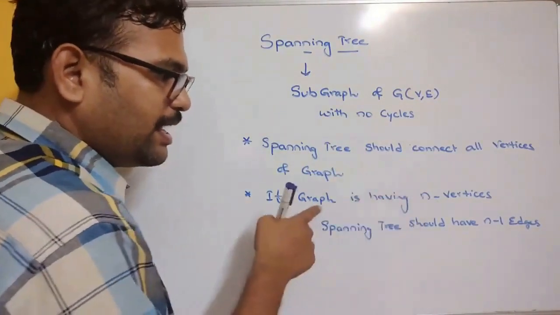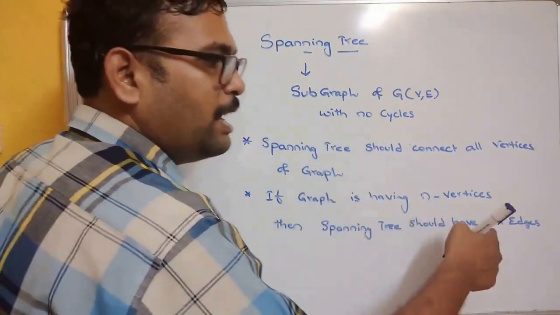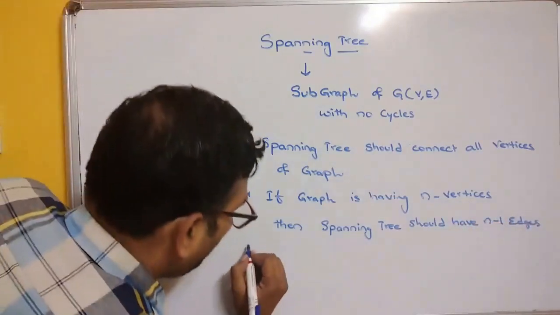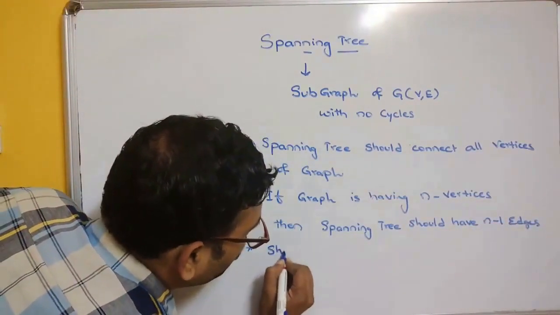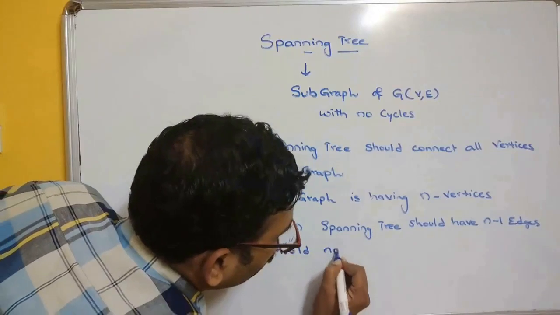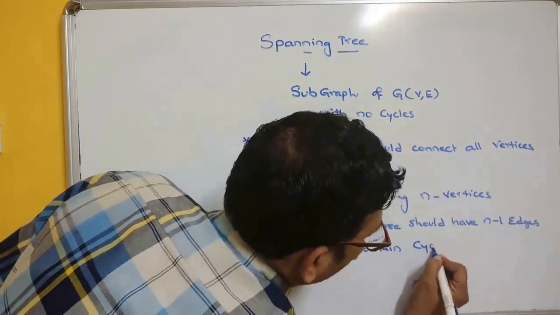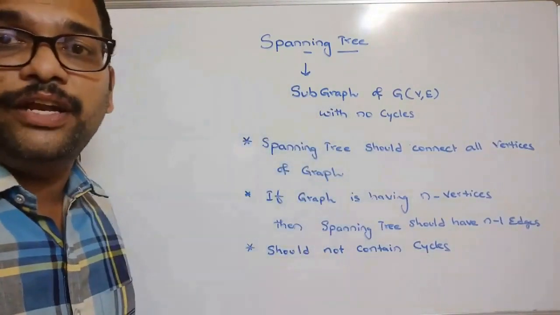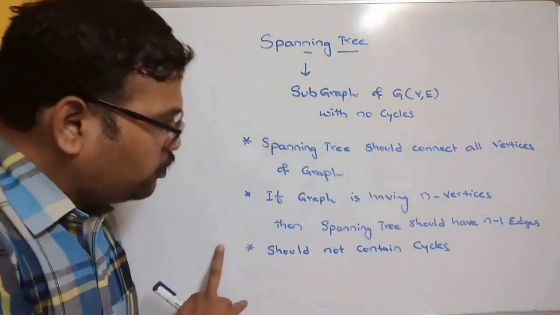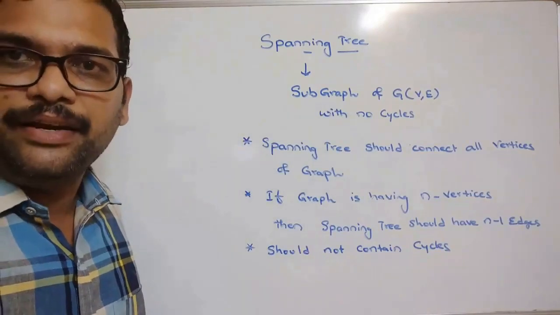So with n vertices in the graph, the spanning tree will be having n minus 1 edges. And the third one, it should not contain any cycles. So we need to follow these rules while constructing the spanning tree, right?